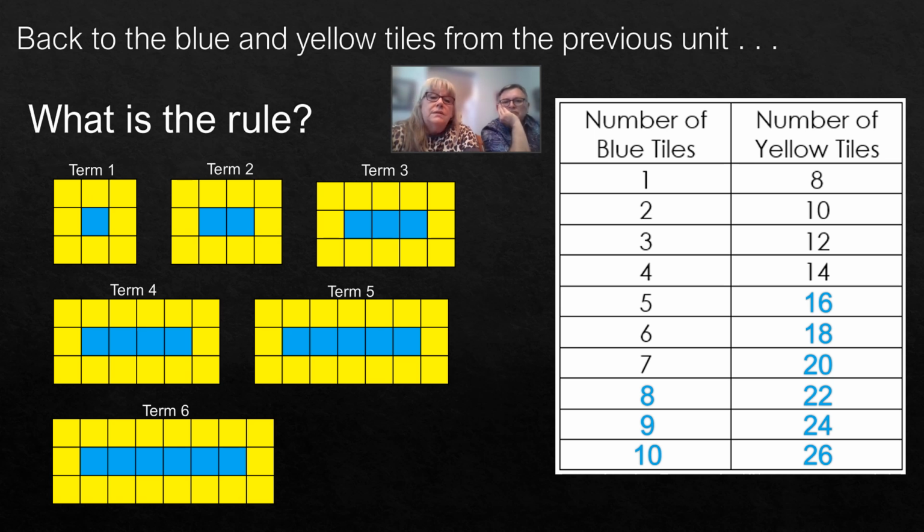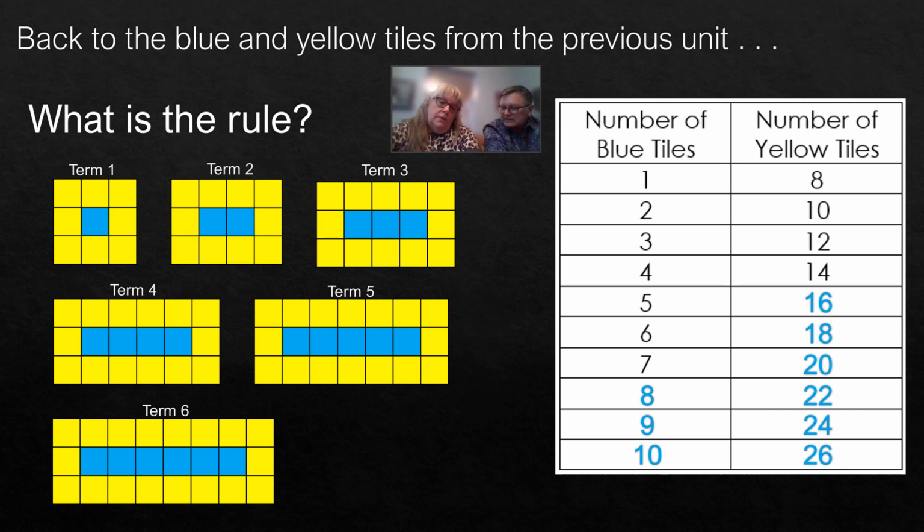So what's happening? Well, when I originally started looking at this, I saw there was some adding 6 going on to get the total number of yellow tiles. But now that I understand, I have to think about that term and the term number.